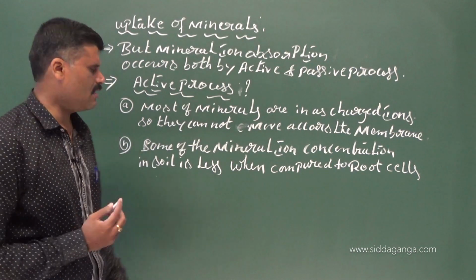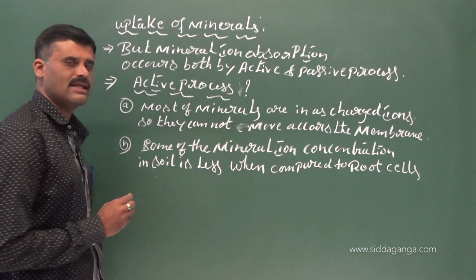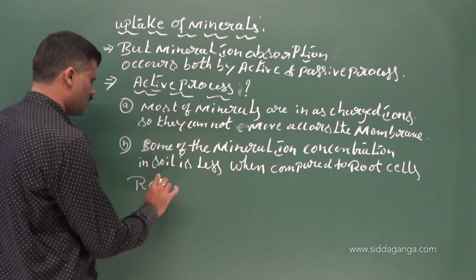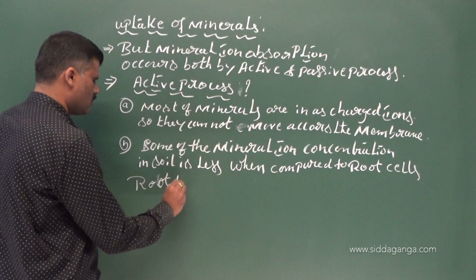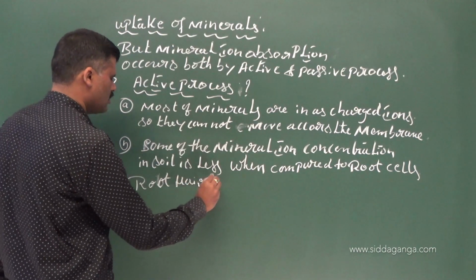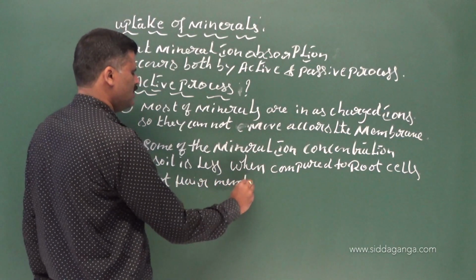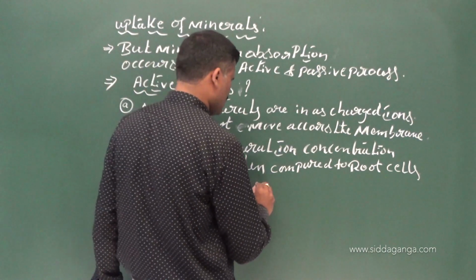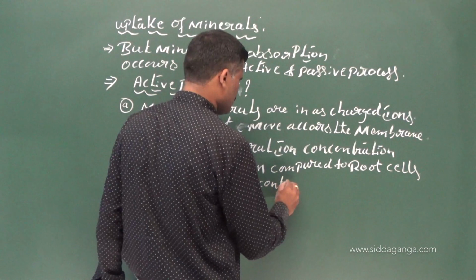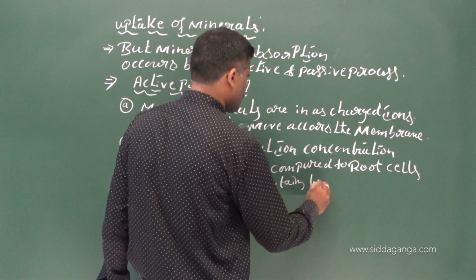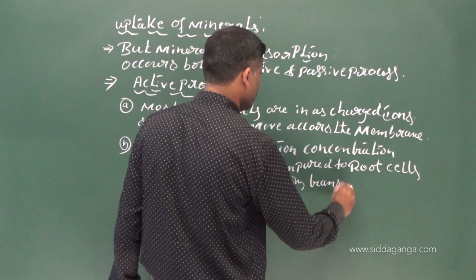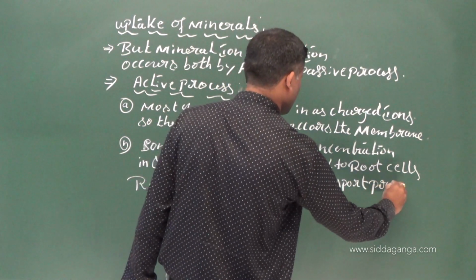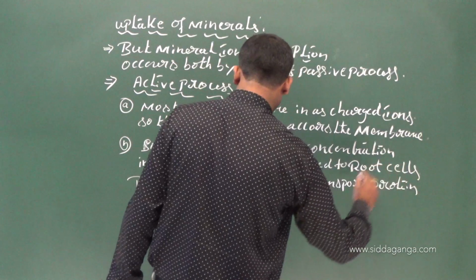See here what happens, the root hair membrane, means plasma membrane, contains transport proteins or carrier proteins.